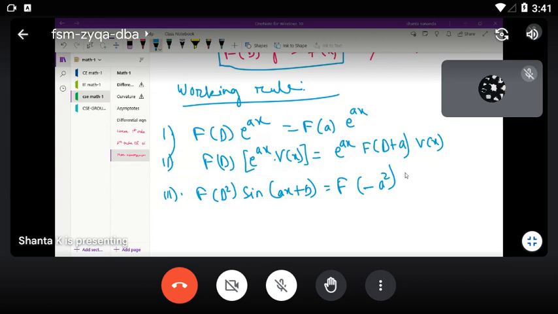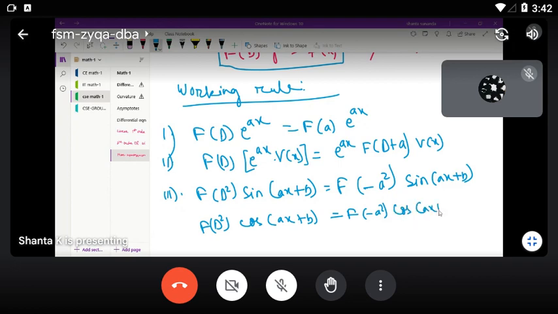If you have D cubed, we make it D squared into D, and D squared is replaced by minus a squared. The same is also true for cosine: f of D squared on cos(ax+b).